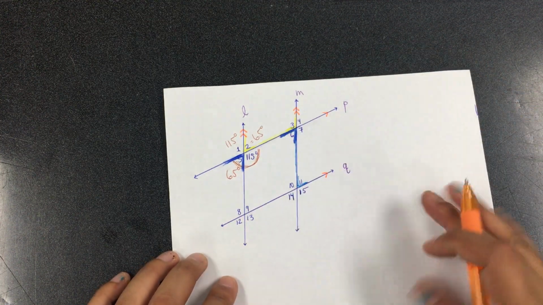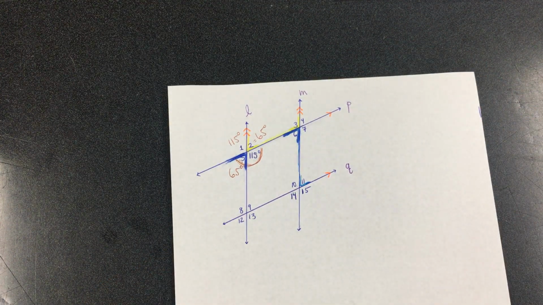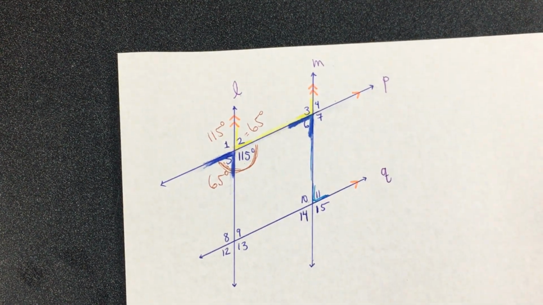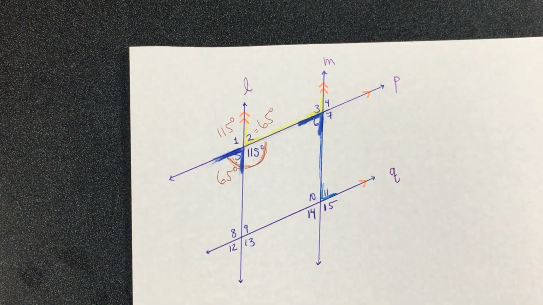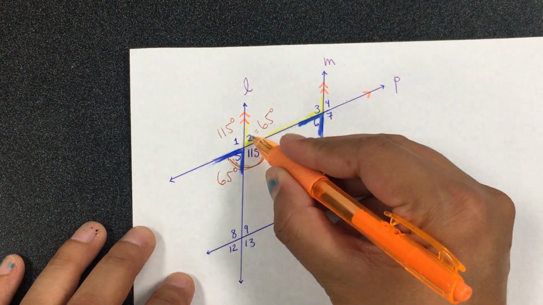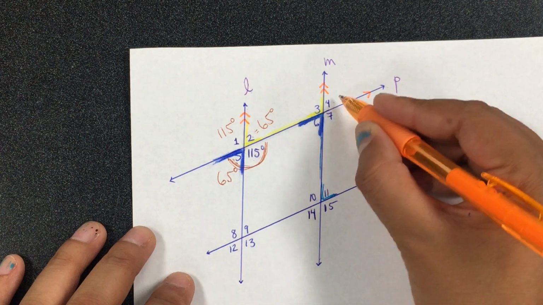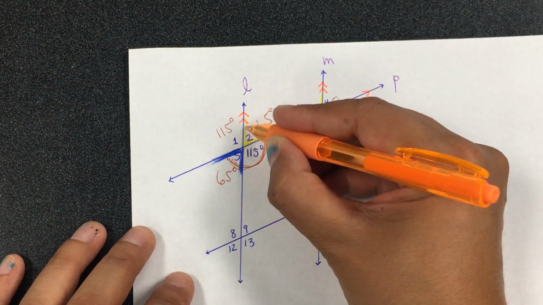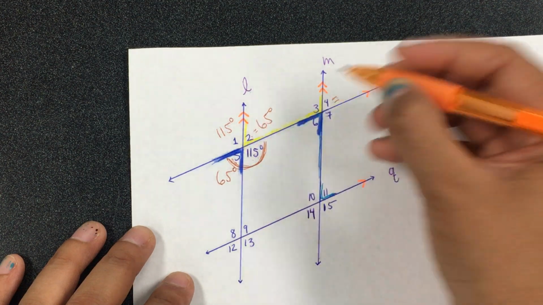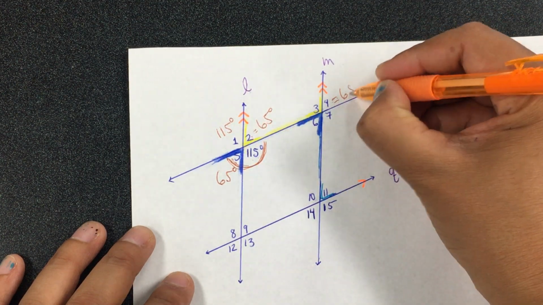And so if you notice, many of these are connected because there are two sets of parallel lines, and so they have the same measurements. These 2 and 4 are corresponding angles. Same, see, notice how they have the same measurement. So if this is 65, this is going to be 65.